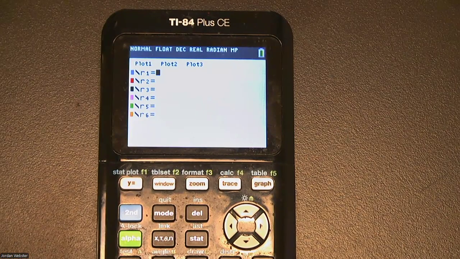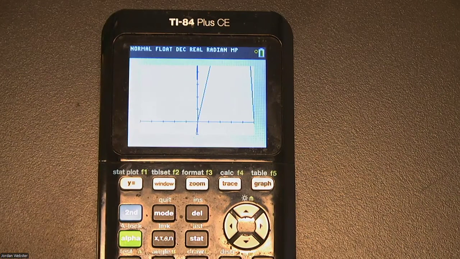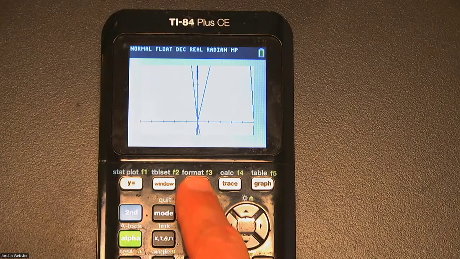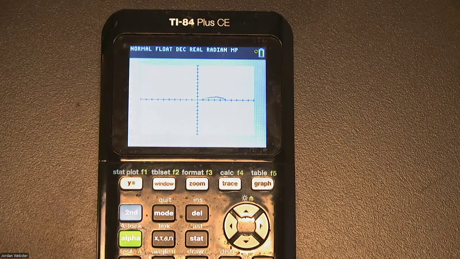Now let's put 5 times cosine of 3 theta. If I graph this, I'll do the standard graph. It looks like this shape.